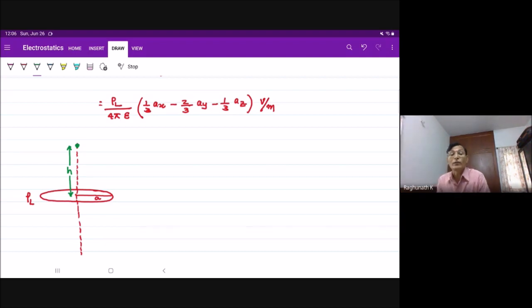Now, when I want to determine this, because the source is a circle, I will take circular coordinates as the coordinates in which I want to do the problem. Without loss of generality, that is why I told you, right?